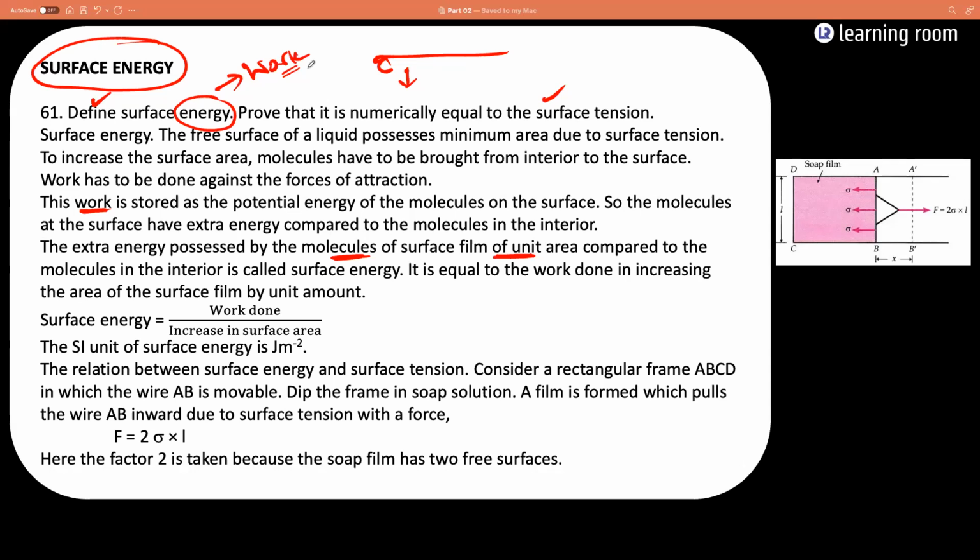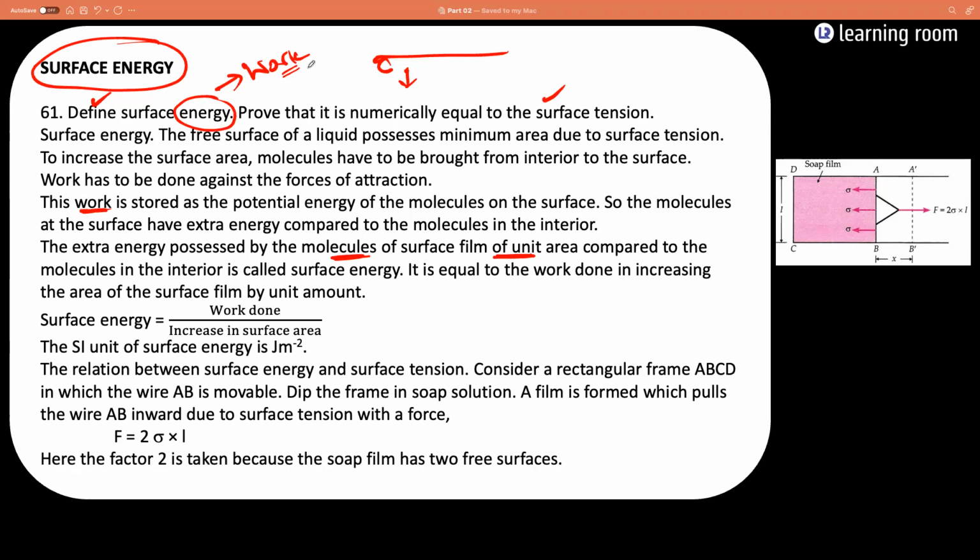We need to do some work to bring the particles above. When we do this work, the particles which are coming to the surface will have greater potential energy.